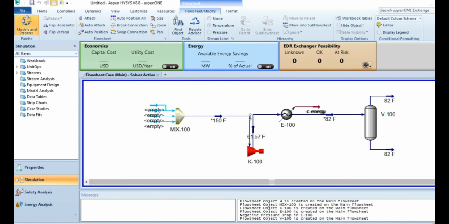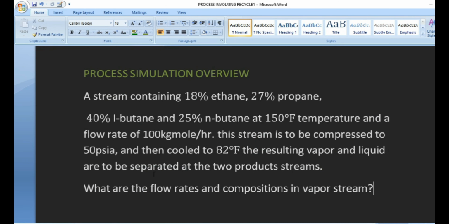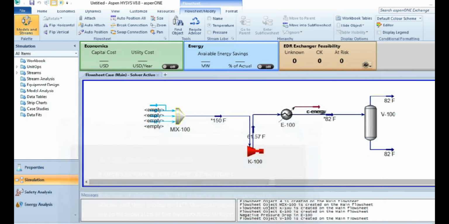So I have 150 degrees Fahrenheit for the stream initially. Then when the stream is cooled to 82 degrees Fahrenheit, the compressor compresses the gas to 50 psi. So here I'm considering temperature. For the vapor I have 82, and for the liquid I have 82.